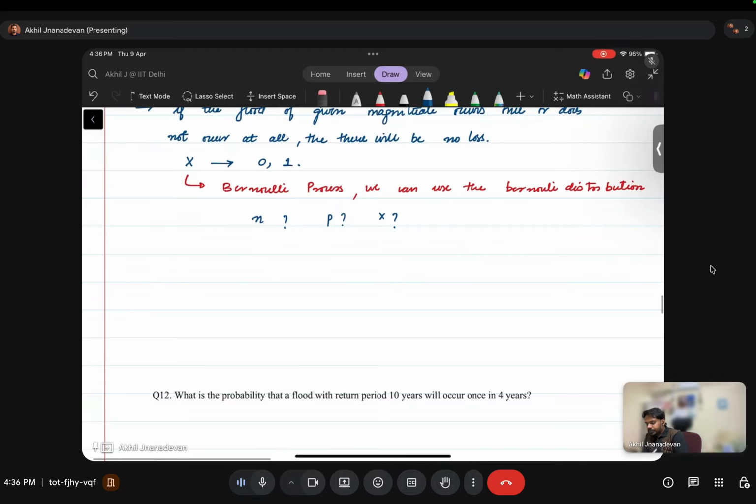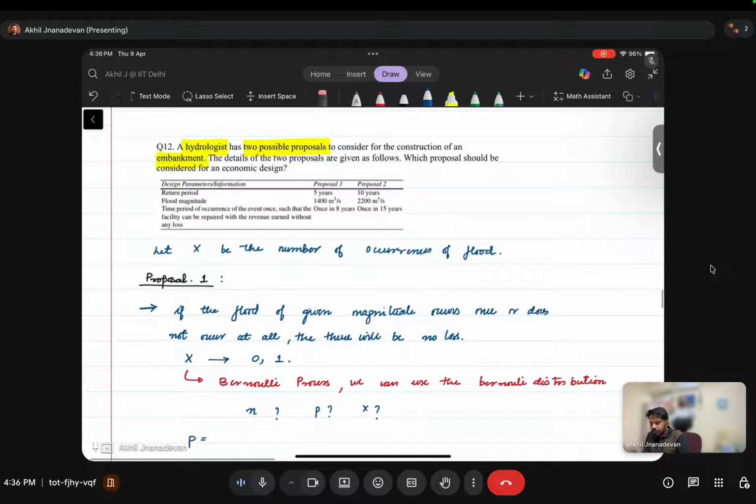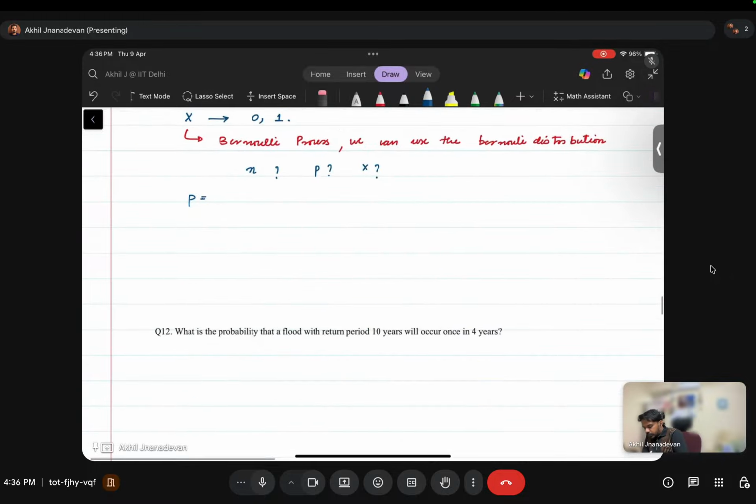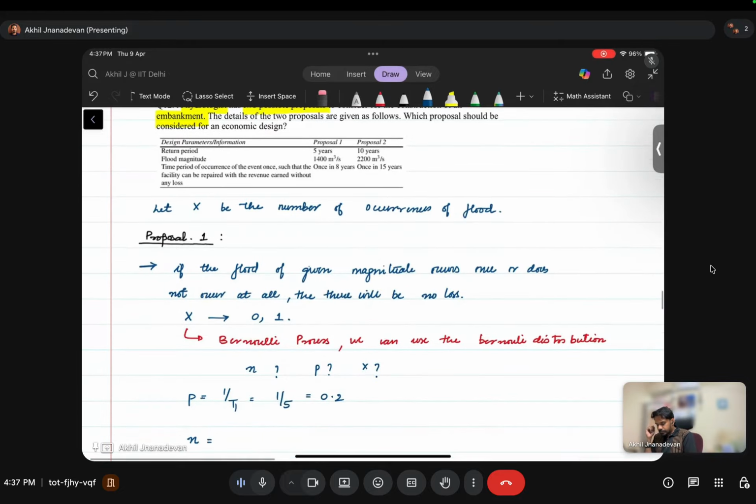So here, p we know, the success probability, that is, the flood will occur. The probability of occurrence of flood is the inverse of the return period, right? So 1 by T, that is 1 by 5, which is 0.2. And what is N here? N here is 8, right?